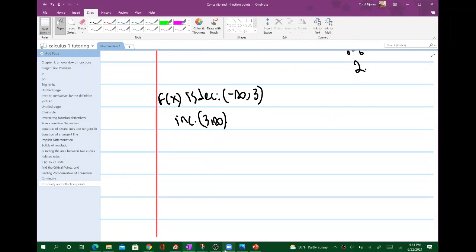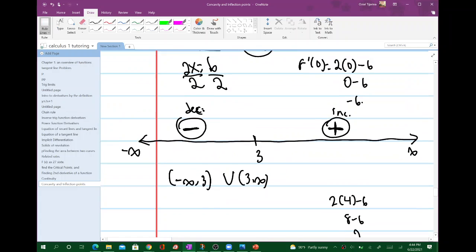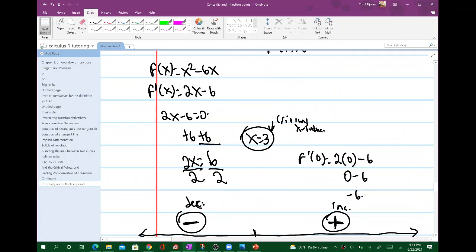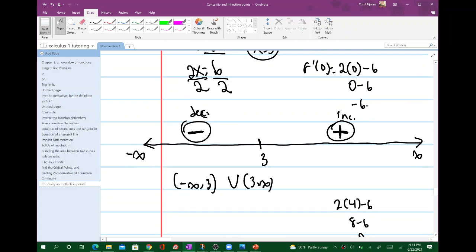And I am going to just do this example because I don't want to make this video too long. To find the local minima and maxima, we know that the graph is decreasing like this, and then when it goes greater than 3, it's increasing, right? So what does this mean?